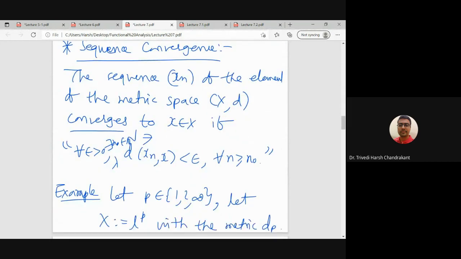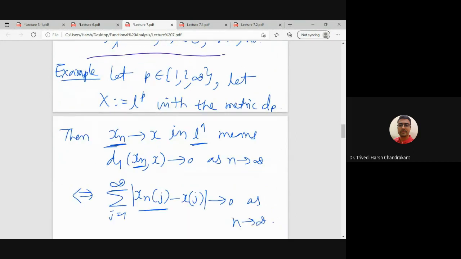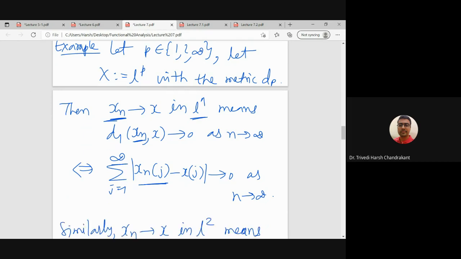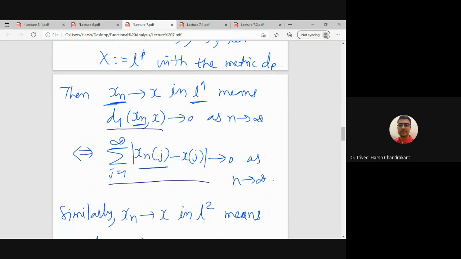After that we discussed sequence convergence, and then we discussed that if we take p belonging to 1, 2 or infinity, and L^p is a metric space with the metric d_p defined, then convergence of x_n to x in L1 means the distance of x_n and x goes to 0, and that means this. Here we have discussed the definition of d1.